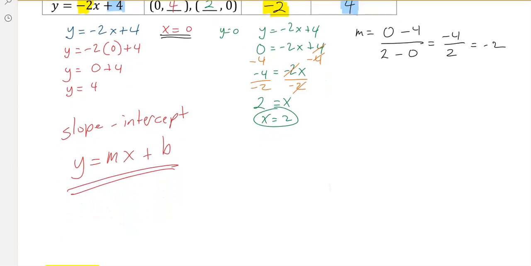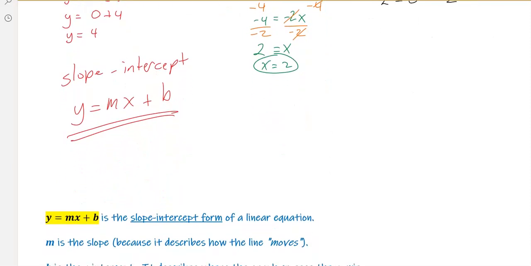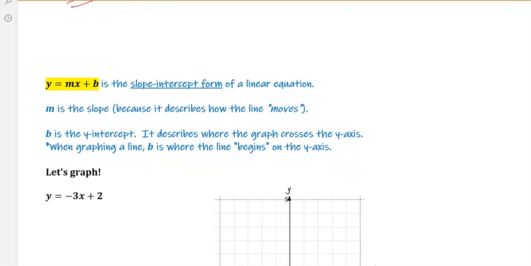Linear equation. So now here's the thing about slope-intercept, and I want you to write this down in your math notebook. Y equals mx plus b. That's the slope-intercept form of an equation. That's super important. M, of course, we know is the slope because that describes how the line moves. So that's why I figure we use m for the slope.